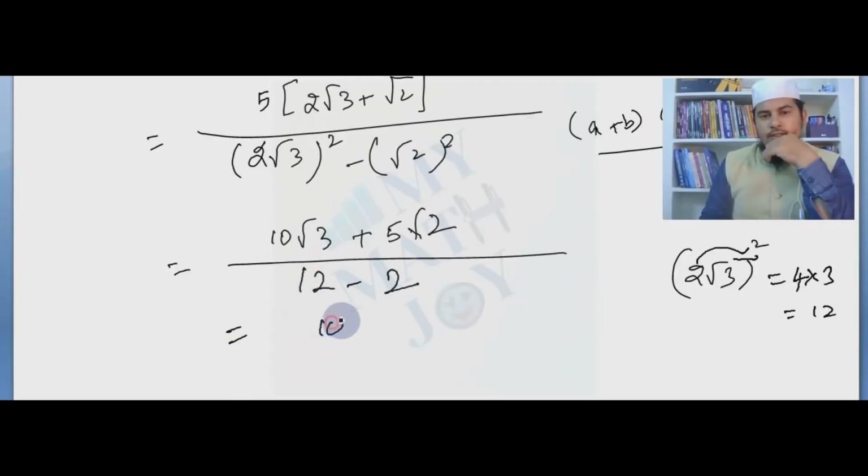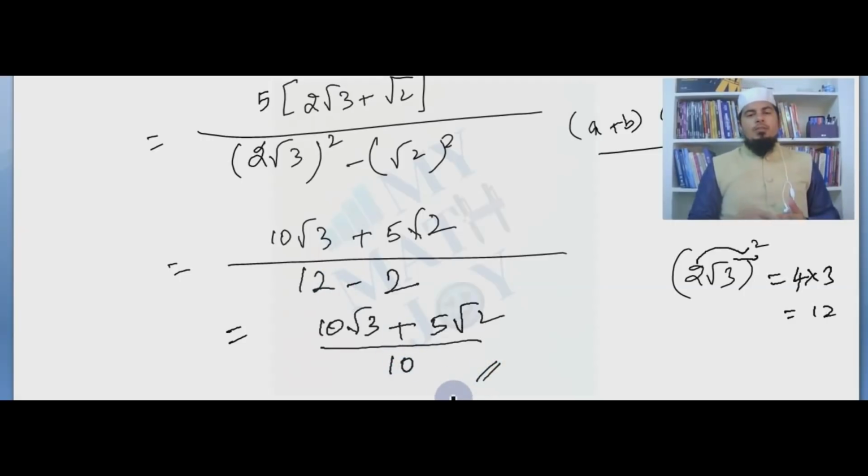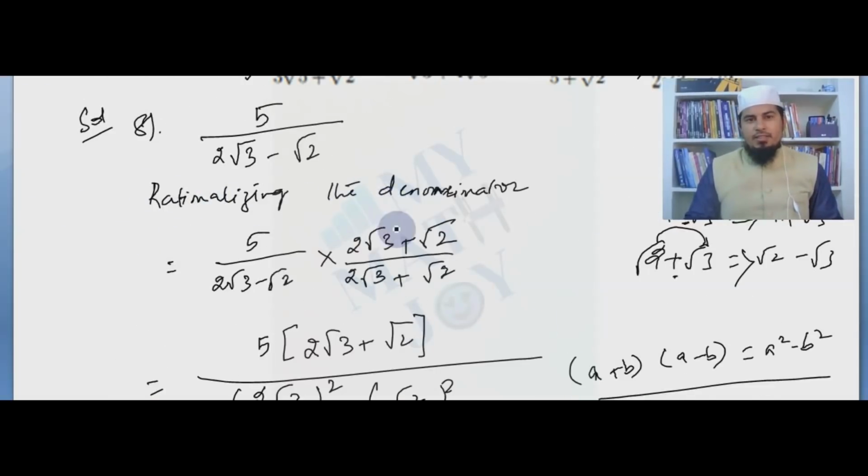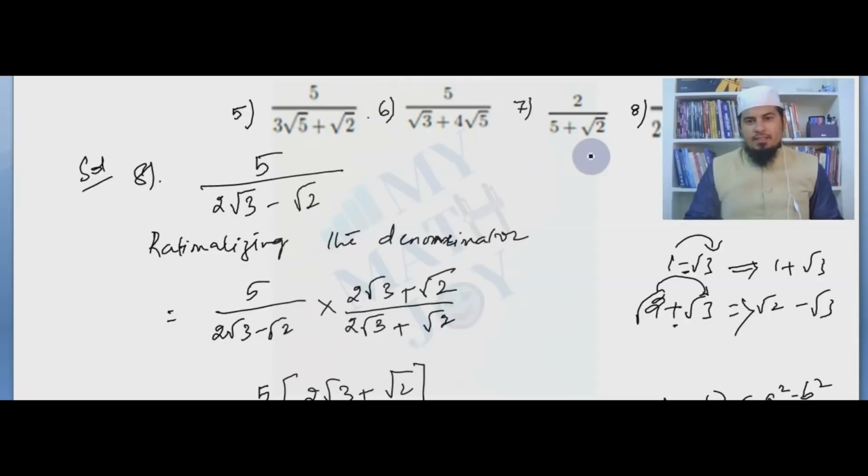So it is 10 root 3 plus 5 root 2 divided by 12 minus 2, which is 10. In this way, we have to rationalize the denominator. These are the steps for rationalizing. So take some practice questions on it.